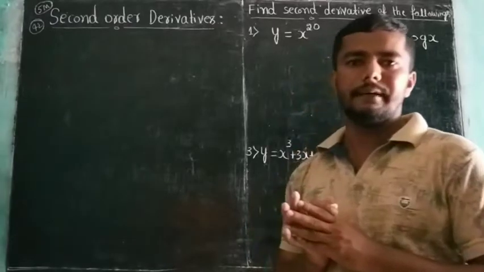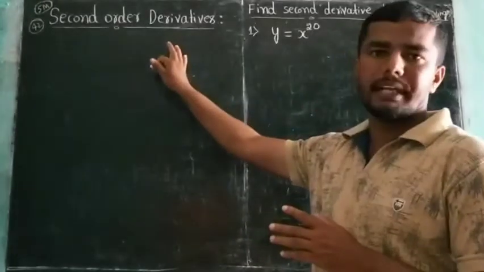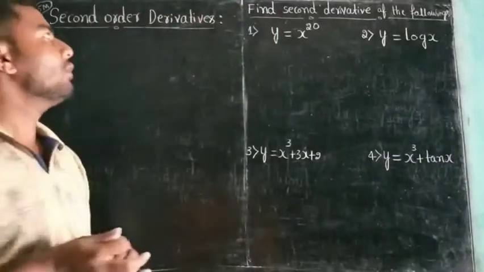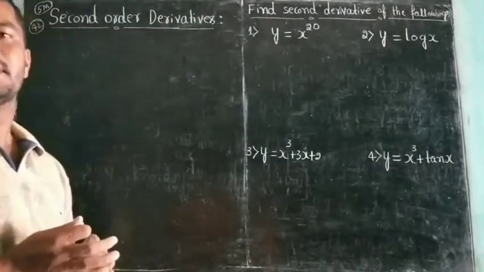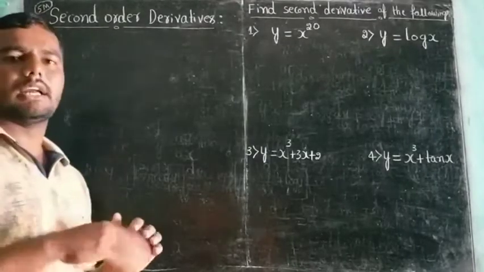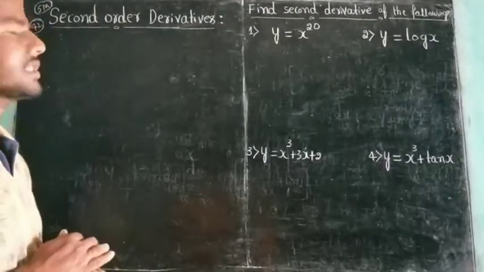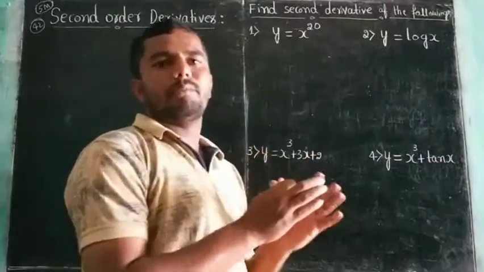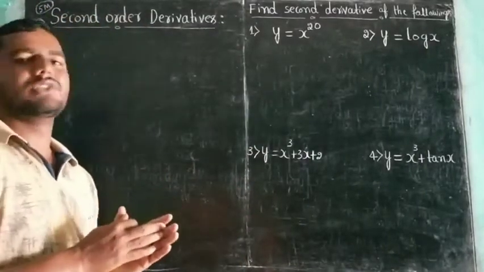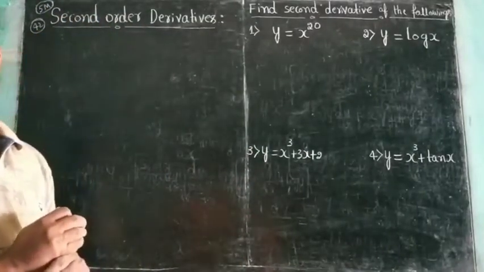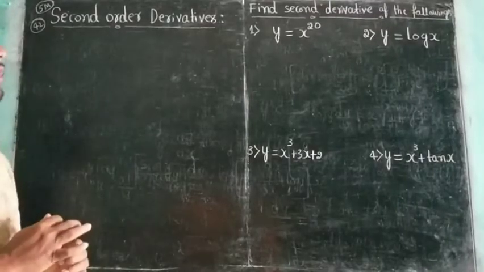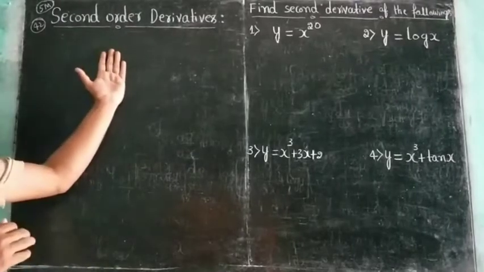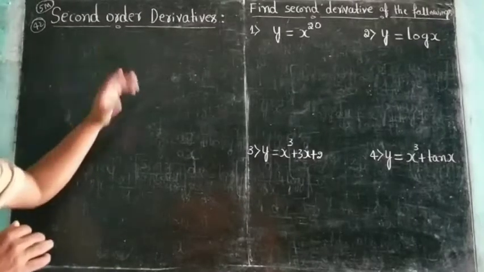In this topic we calculate the differentiation twice, that is, we differentiate the problem twice. Before we study the problems, first we must know the concept of second order derivative.